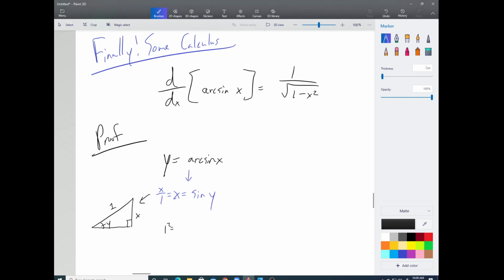And use Pythagorean's theorem, which we just did, I know, but I'm going to do it again.